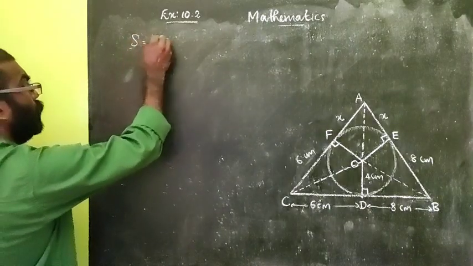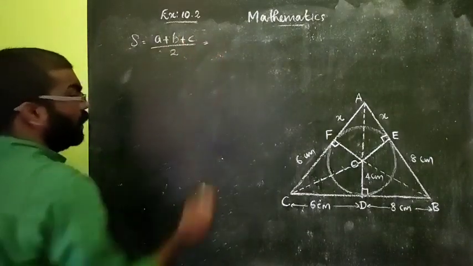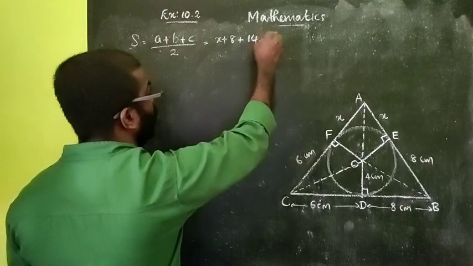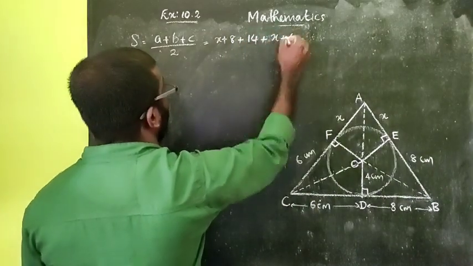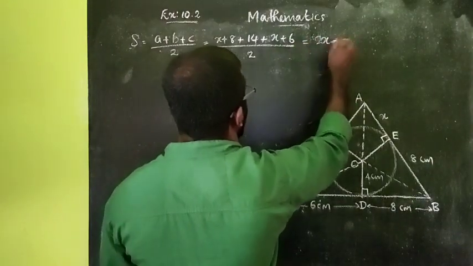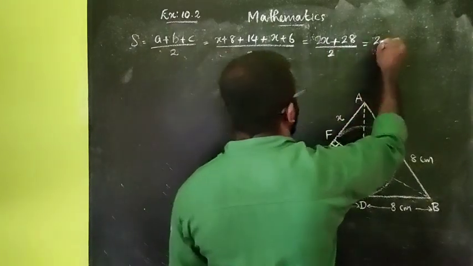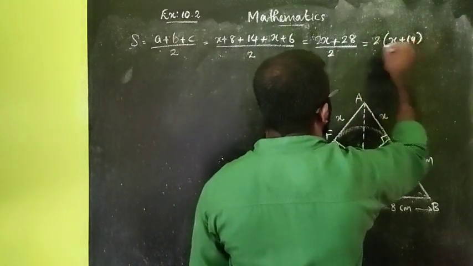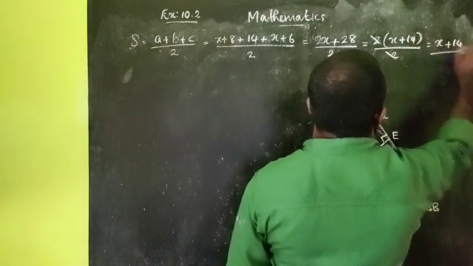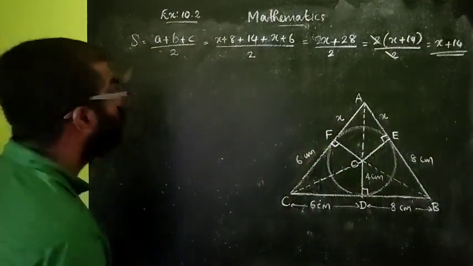That will be equal to x plus 8 plus 14 plus x plus 6 divided by 2, or 2x plus 28 divided by 2. From this we can take 2 common: 2 into x plus 14 divided by 2. 2 and 2 cancel, we get x plus 14. The semi-perimeter s is equal to x plus 14.